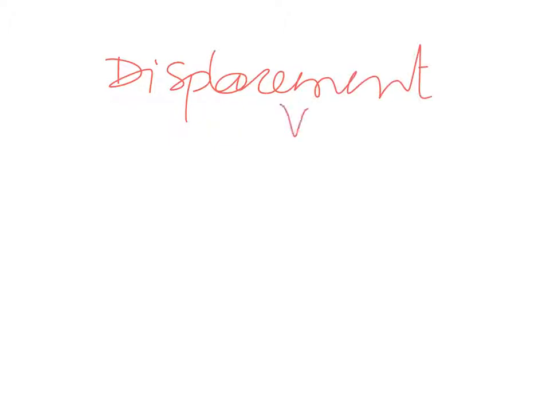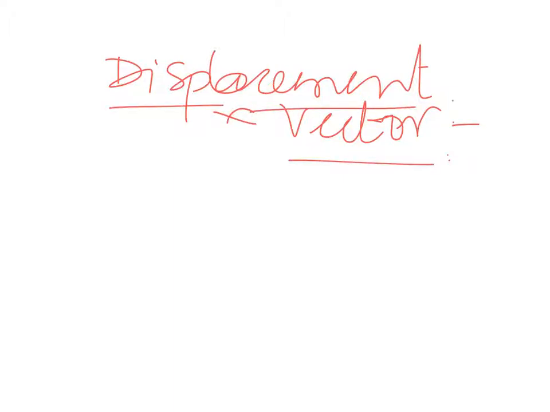Now what is a displacement vector? Let me write down the heading as displacement vector. Consider a particle moving in the xy plane with a uniform velocity v, and point O as the origin for measuring time and position of the particle.